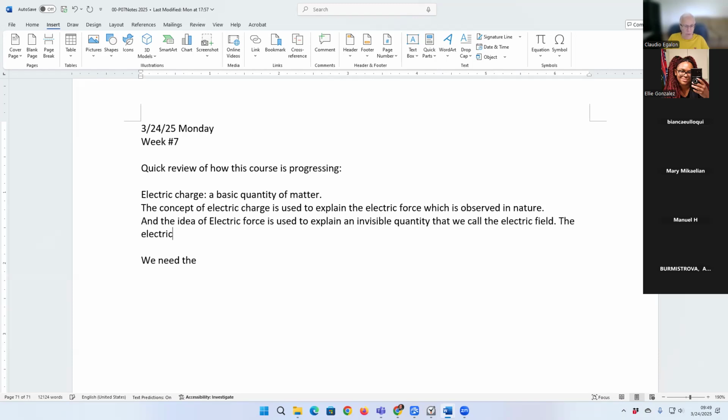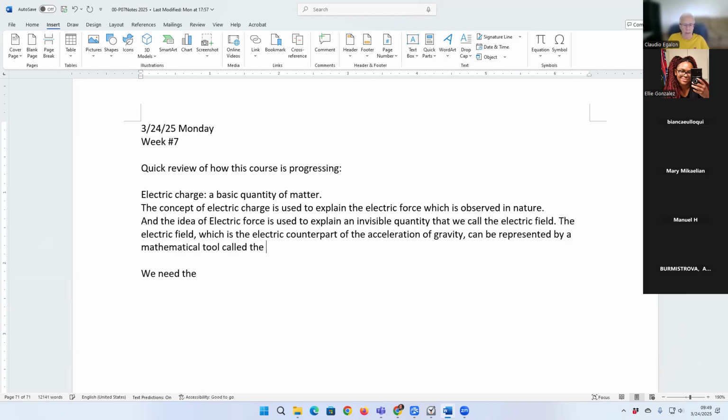The electric field, which is the electric counterpart of the acceleration of gravity, can be represented by a mathematical tool called the vector, right?